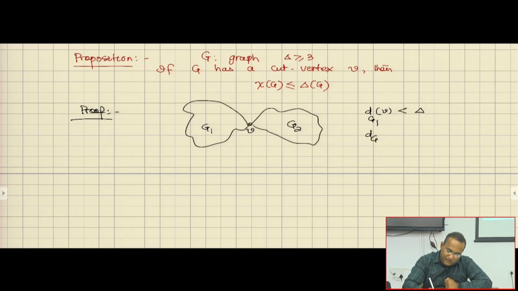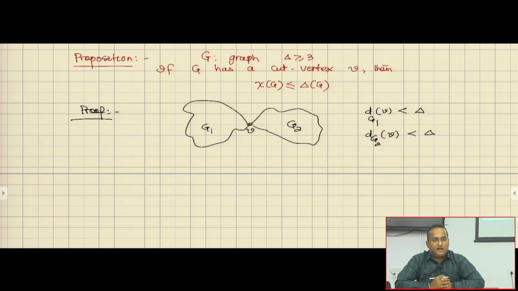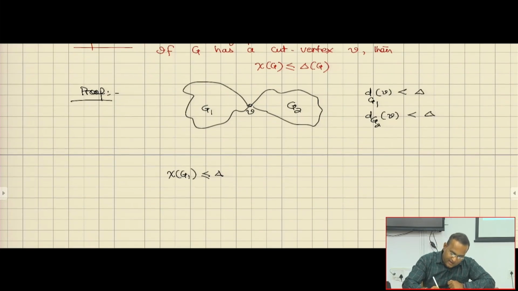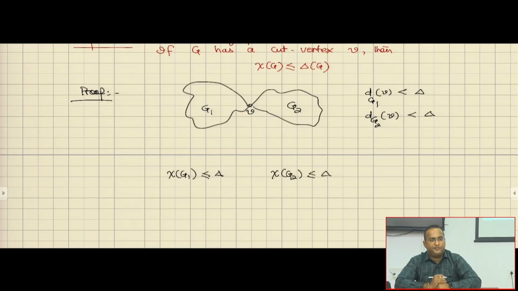And the degree of V in G2 is also less than delta, right? So the chromatic number of G1 is at most delta, and the chromatic number of G2 will be at most delta, right?